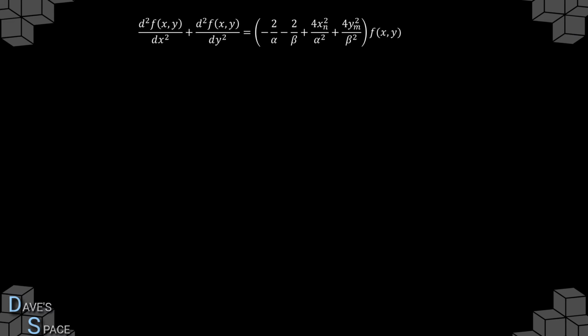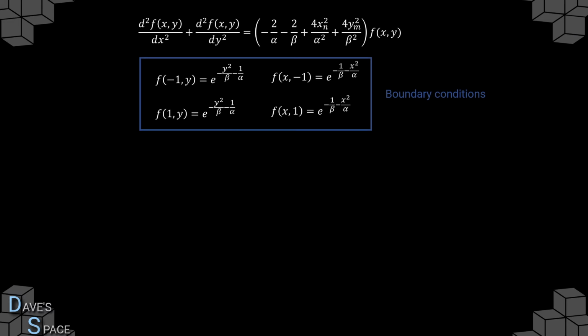So back to our equation matrix, we can see that x equals -1 corresponds to the 0 index and x equals 1 corresponds to our big N index. Likewise, y equals -1 corresponds to our 0 index and y equals 1 corresponds to our big M index, which gives us a relationship between the actual values of x and y and the indices we have derived on our uniformly spaced grid.